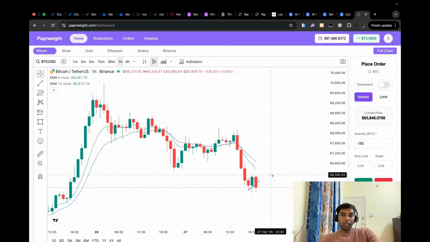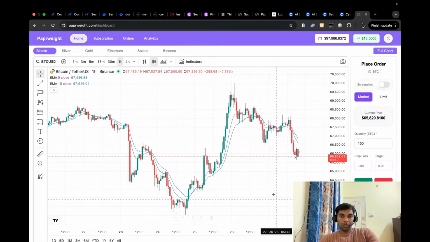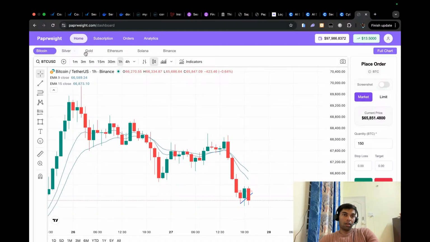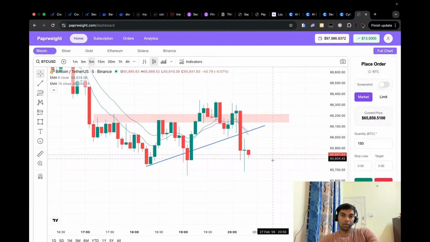Okay, so at 1 hour time frame, you can see this is a buying zone over here. It just came from nowhere. This is the buying zone that the market is taking support at again and again.